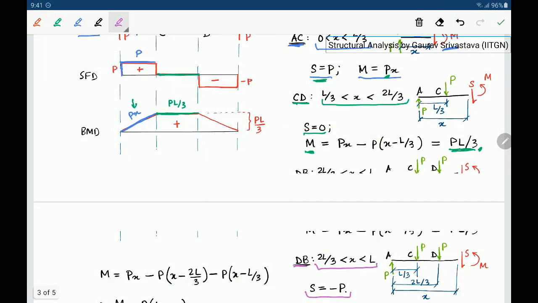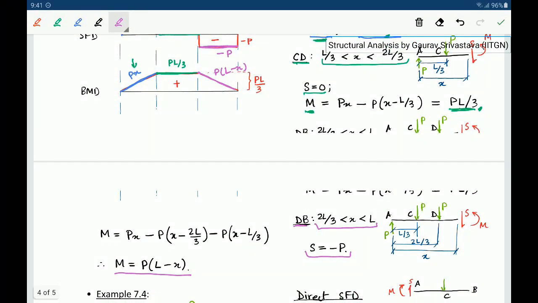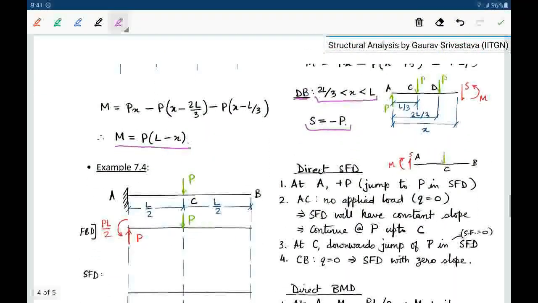So the shear force is minus P and this bending moment is P times L minus x. So basically the value of the shear force is negative and hence the slope of the moment diagram is negative. Okay, so this is one way of drawing the bending moment diagrams.